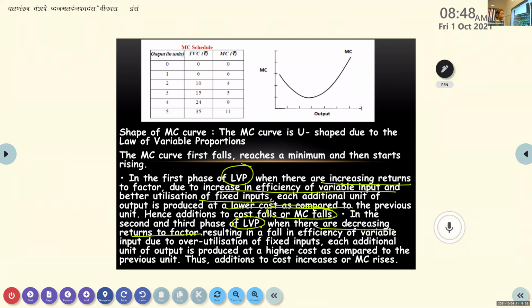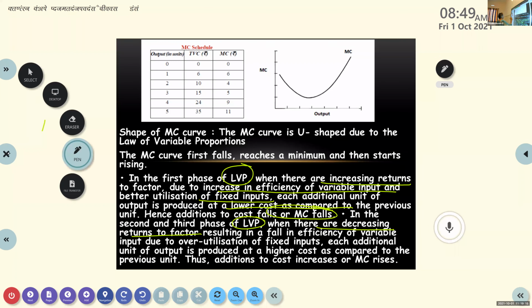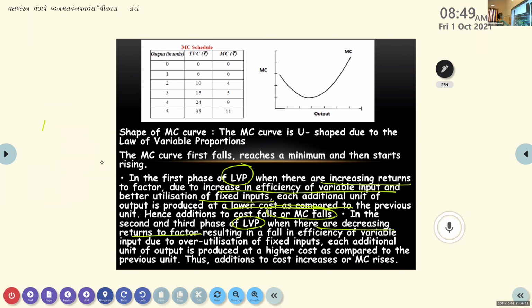Next step, labor is 2 and the fixed cost remains the same, 10, and the output is 15.